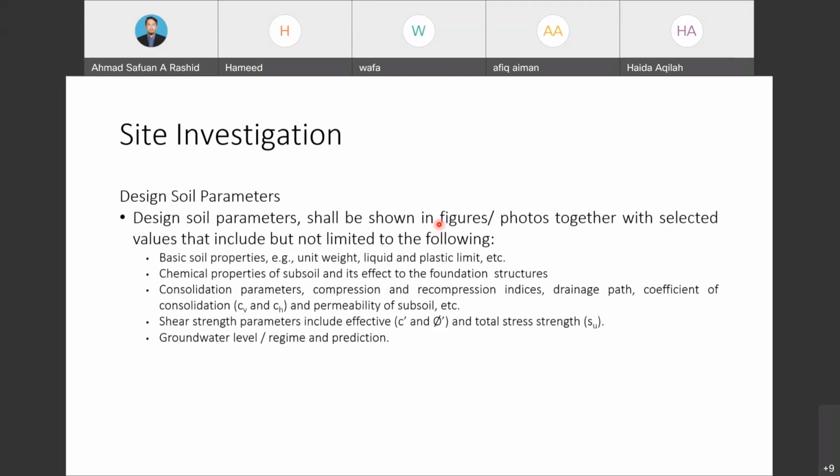Okay, we need weight, liquid limit, plastic limit, okay, chemical properties, consolidation, CHC permeability, okay, groundwater level, shear strength parameter, include effective and total stress. Okay, so this is the main, the compulsory parameter, okay, that normally being used in design process.